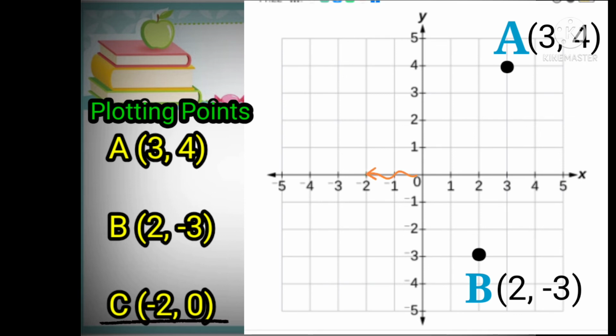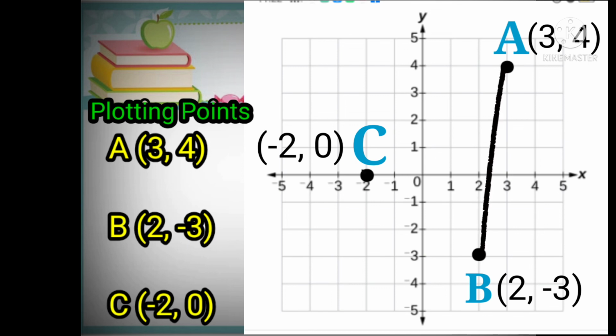But since our second number is 0, it means we don't need to move anymore. And this is our point C, which is located on the x-axis. Then we will connect the 3 points and they form a triangle.